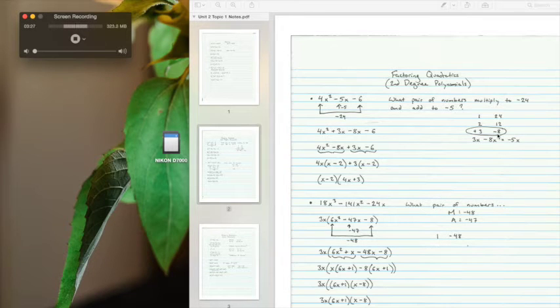What I'm going to do is take these numbers and use them to replace this middle term. Notice that negative 5x can be made up of 3x and negative 8x. It can be written in this way because 3x minus 8x is equal to negative 5x. So there's nothing stopping me from replacing the negative 5x in my polynomial with this new version of negative 5x, 3x minus 8x.